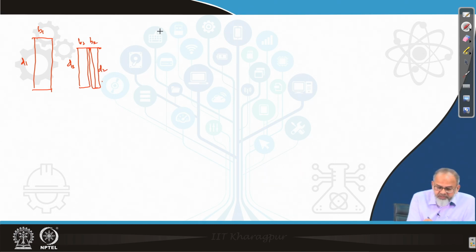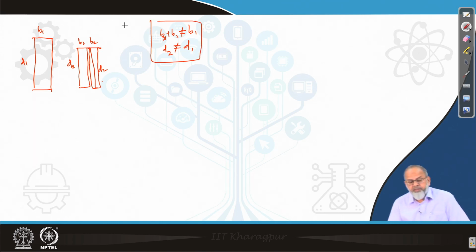That means B1 is not equal to B2 plus B2. Now D2 is not equal to D1. This is the condition. In the first case, we decided that twice B2 will be equal to B1 and D remains same. But in this case, we will decide in a different way.